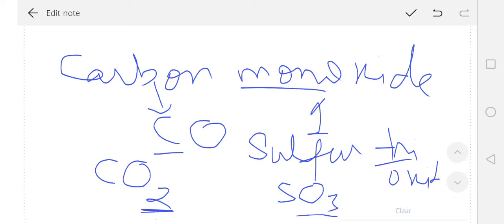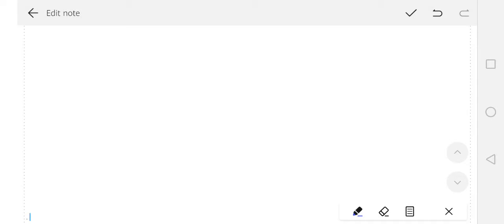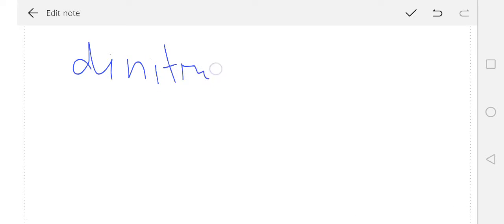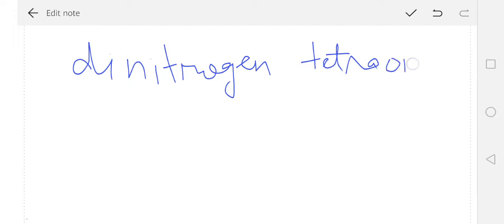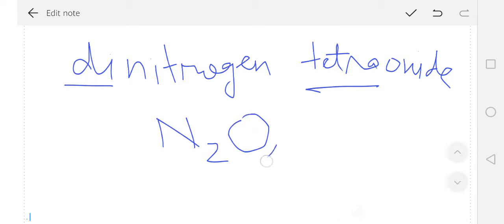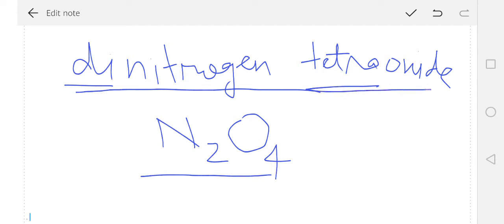Similarly, if we have the formula dinitrogen tetraoxide, we write dinitrogen means 2 nitrogen, N2, tetra means 4, N2O4. N2O4 is the formula of dinitrogen tetraoxide. We use particular atoms, like dinitrogen means 2 nitrogen, tetra means 4 oxygens, so N2O4 is the formula for dinitrogen tetraoxide.